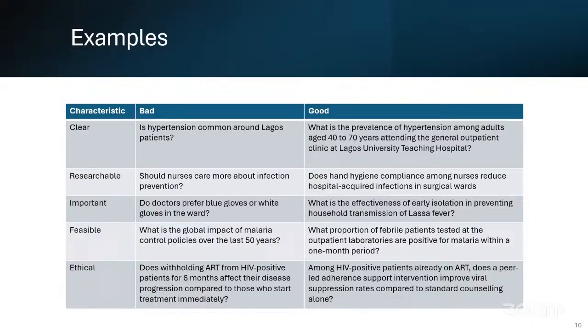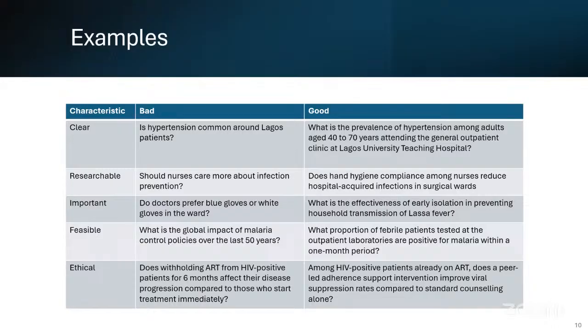Except maybe we've seen studies that tell us that there is something underlying, that blue gloves or white gloves have something to do with the eventual outcome or with infection prevention and control. But if there's nothing like that, it's just so trivial. It's not something you should waste people's time on.